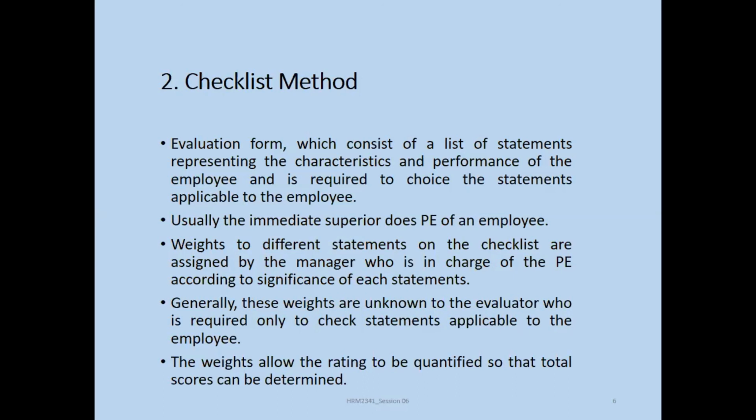What do they expect from the evaluator? The evaluator wants to choose the most suitable or applicable statements with regard to the employee. Usually the immediate superior may be the evaluator.